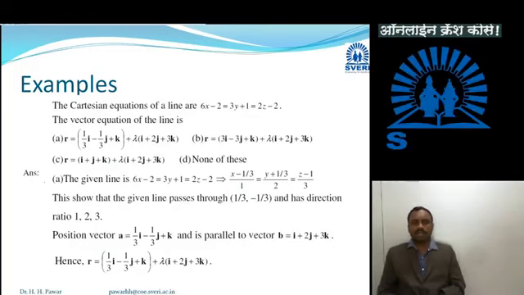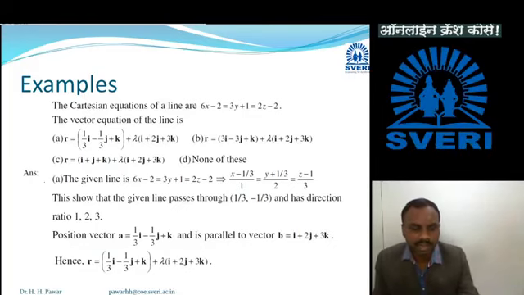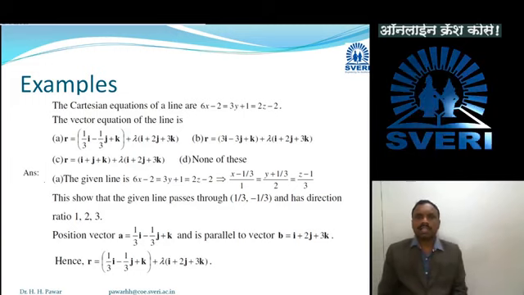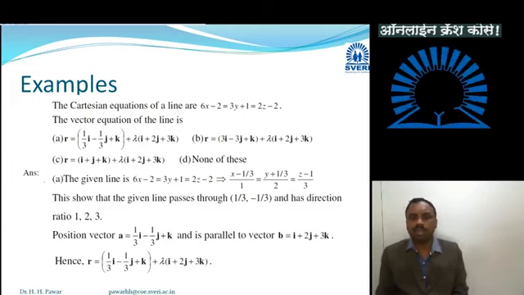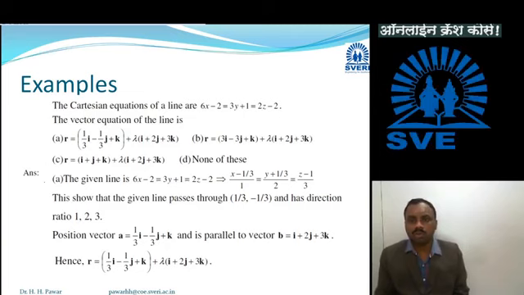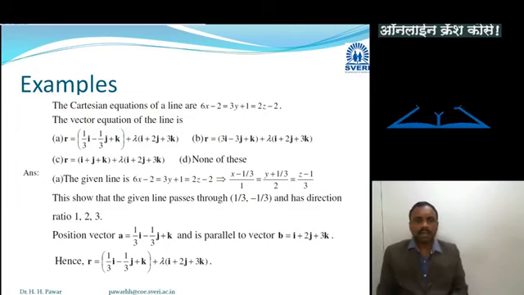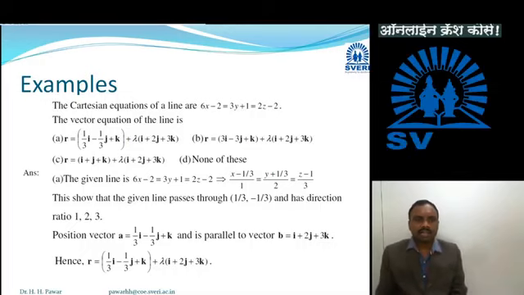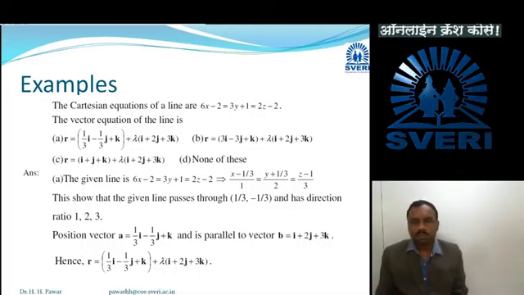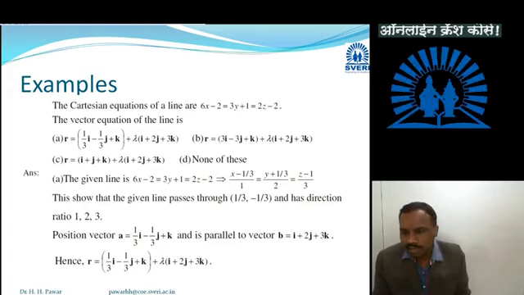Next one: the Cartesian equation of a line is 6x minus 2 equal to 3y plus 1 equal to 2z minus 2. The vector equation of the line is: option A, r bar is equal to 1 by 3 i minus 1 by 3 j plus k.